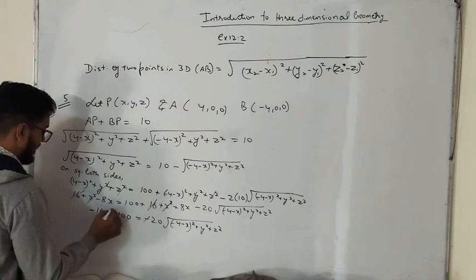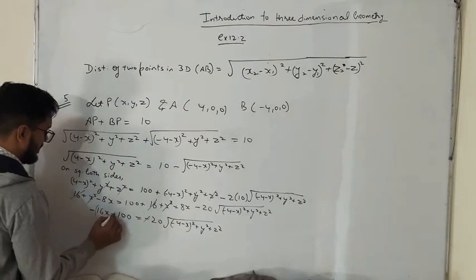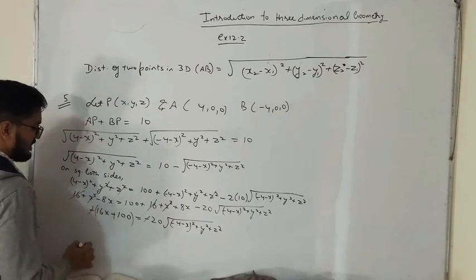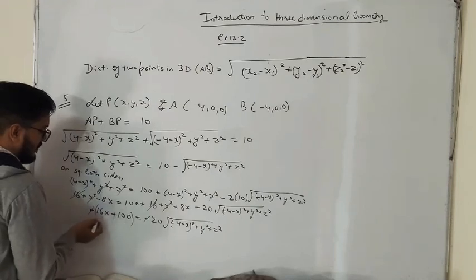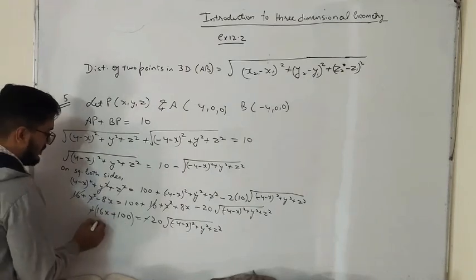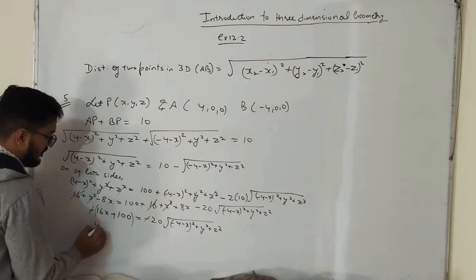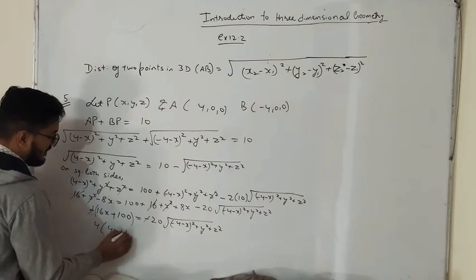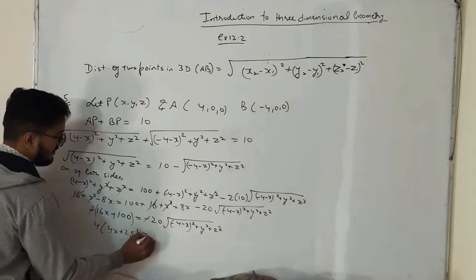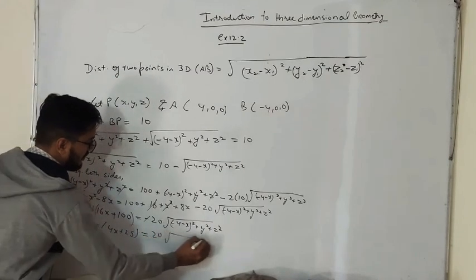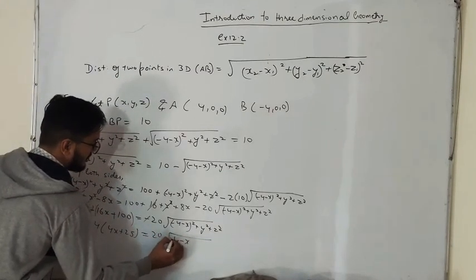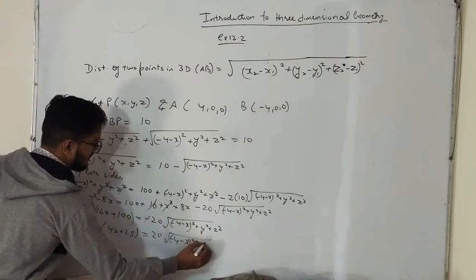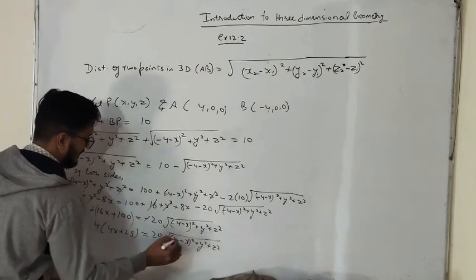So minus to minus cancel. If I take this minus common from both the sides, minus to minus cancel. You can take 4 common throughout. So taking 4 common throughout, 4x plus 25 is equal to 5 square root of 4 minus x whole square plus y square plus z square, right?